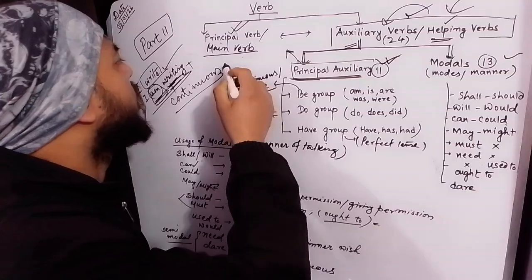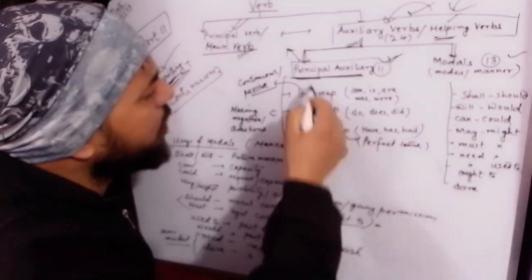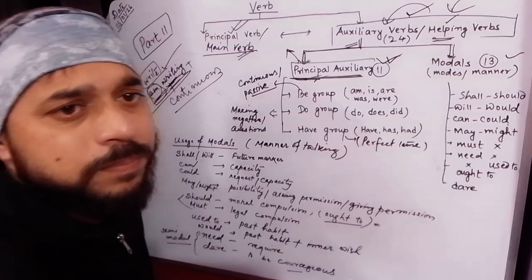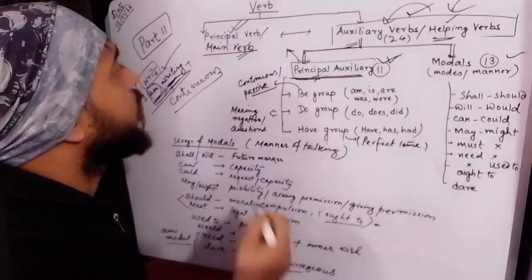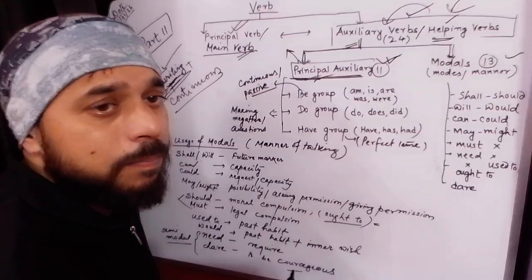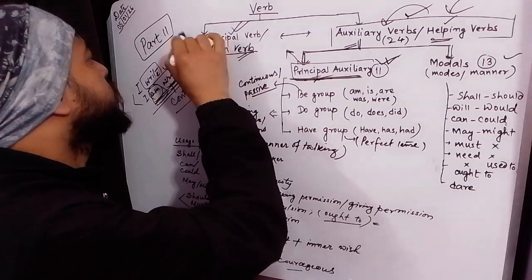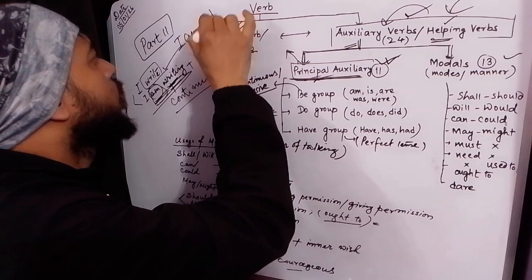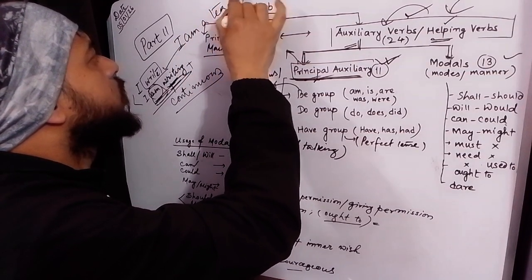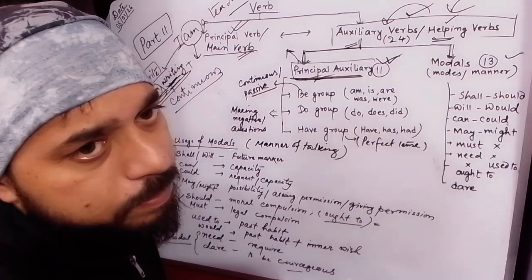Wherever principal verbs or main verbs are missing, they just play the role of that. And if the sentence carries the main verb, then they will be supporting. It's very simple. For example, I am a teacher. Here no principal verb is there, so am is playing the role of verb.